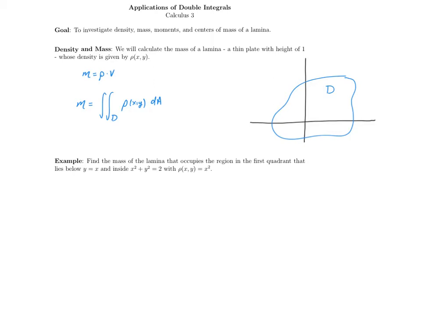Where note, our integrand is really made up of this density multiplied by the dA, and typically we would look at the dA and think of it as an area, but because we have a thin plate with a height of 1, this area is really going to correspond to a little bit of volume.